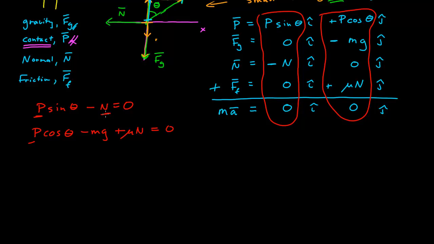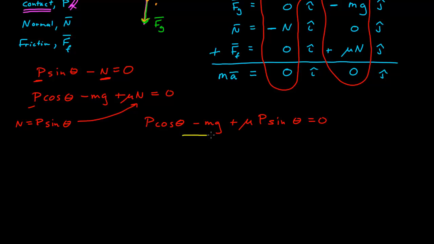Okay, so the first equation gives us n is equal to P sine theta, so that I can substitute into there, and that gives me P cos theta minus mg plus mu P sine theta is equal to 0.